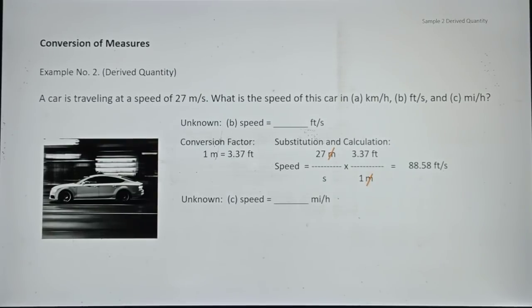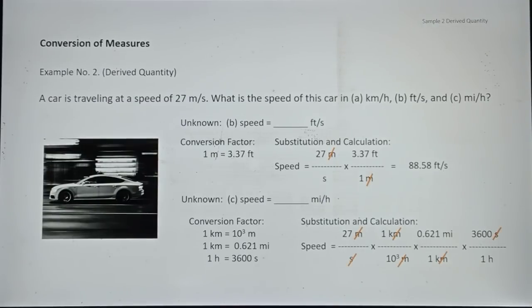Letter C, what is required is the speed in miles per hour. So between the given speed of 27 meters per second and the unknown miles per hour, we need three conversion factors. Namely, 1 kilometer equals 10 raised to the third power meters, 1 kilometer is also equal to 0.621 miles, and 1 hour equals 3,600 seconds.